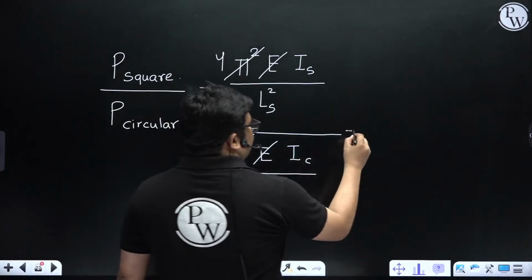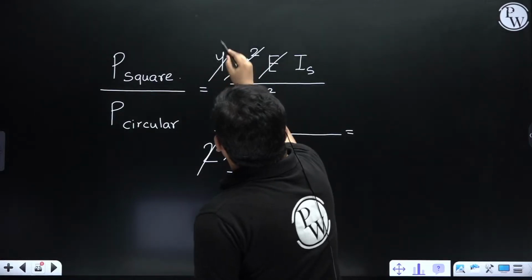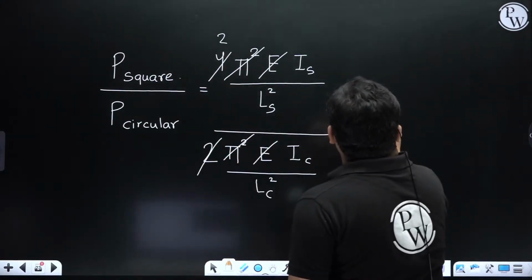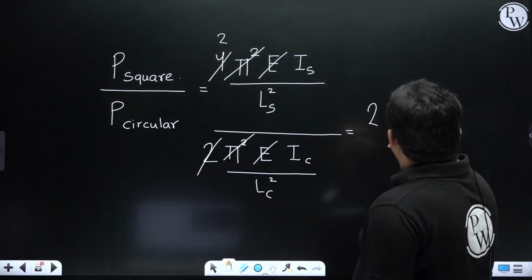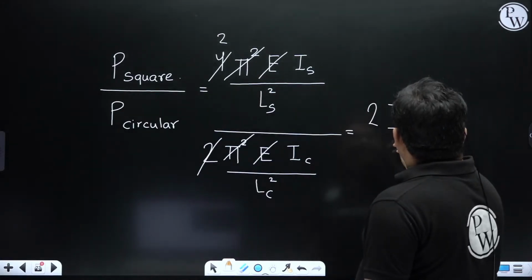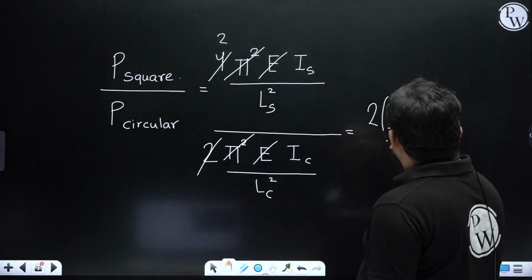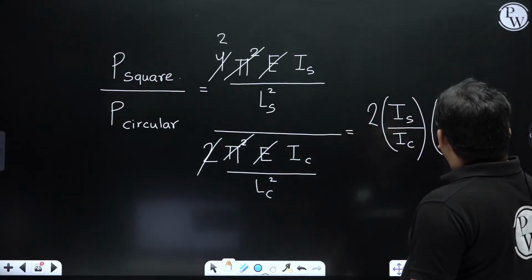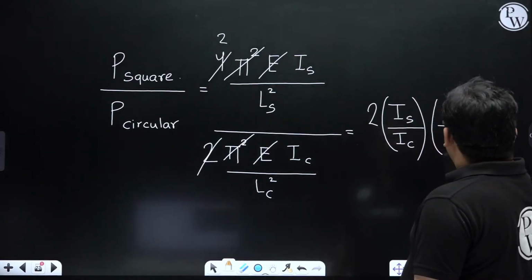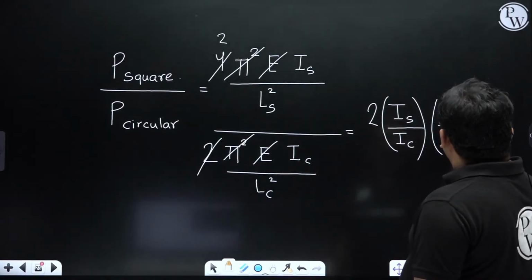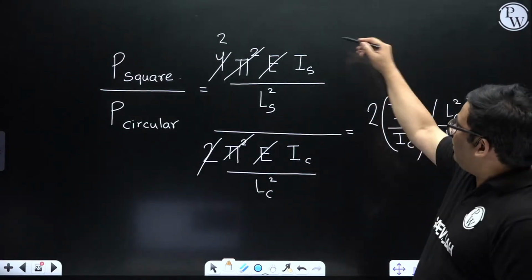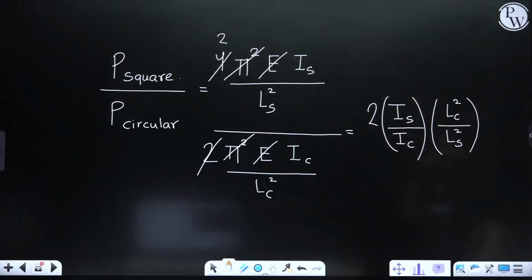Solving this, the 2 and the 2 get cancelled, and I get 2 times IS by IC, times LC square by LS square, because LC square goes up.